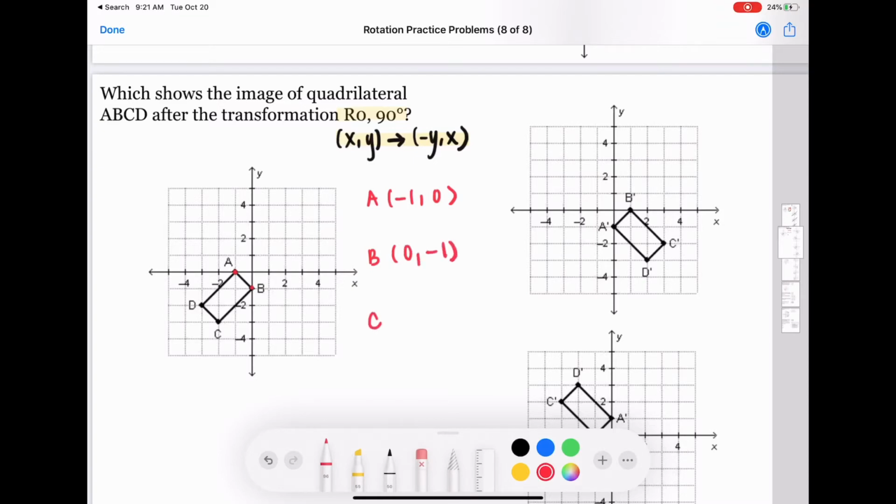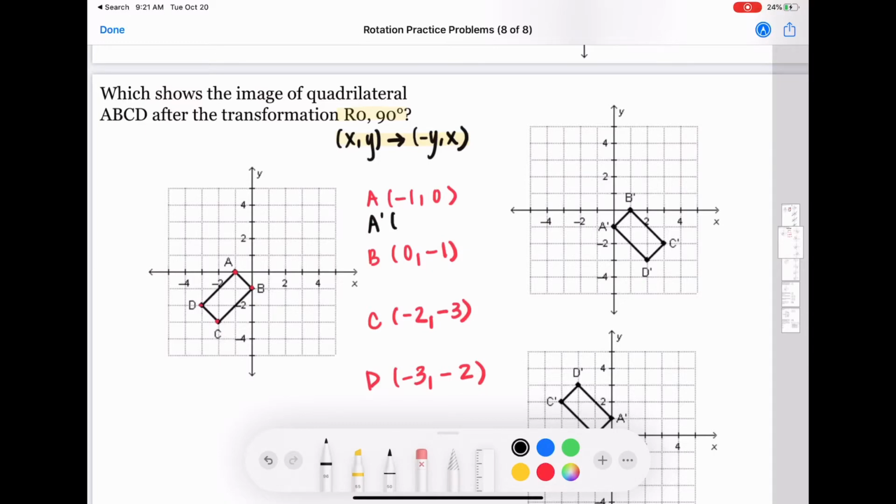Vertex C is located at -2, -3. And vertex D is located at -3 and -2. Okay, now that we've listed out all these vertices, we want to use the mapping rule to find out what our resulting vertices would be.